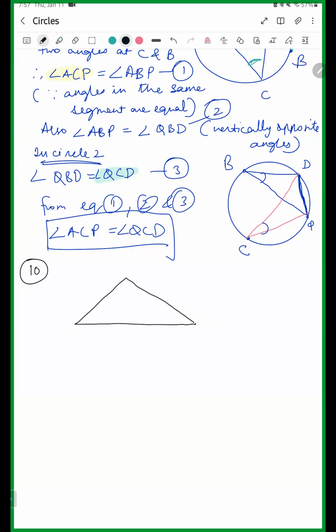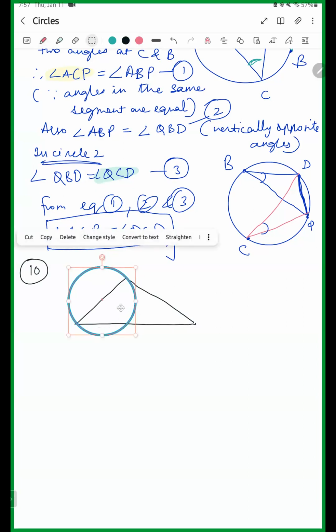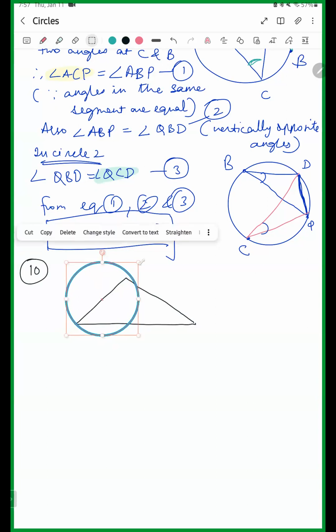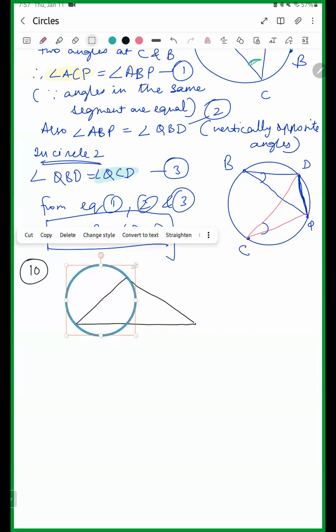Okay. So this one here, there will be a circle. And the other one is this.